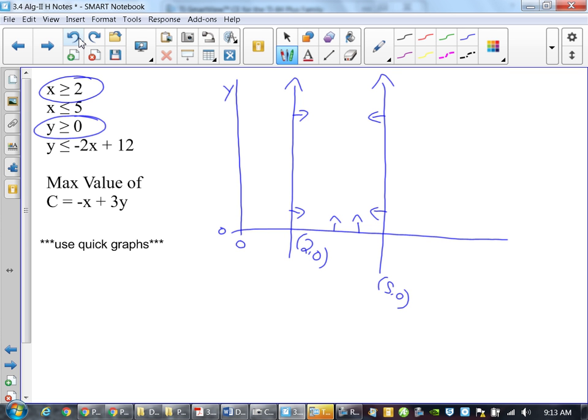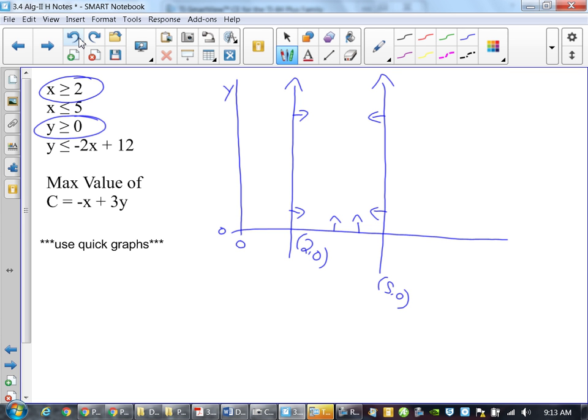Which way is y greater than 0? Up. Yes. We just draw it from the x line because that's where 0 is. Okay, so as it starts from 0 moving up.